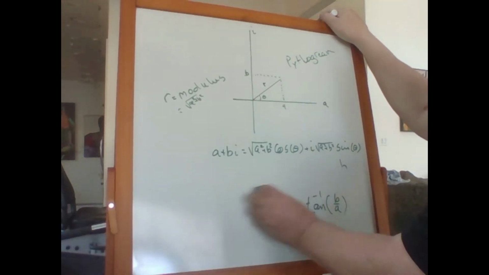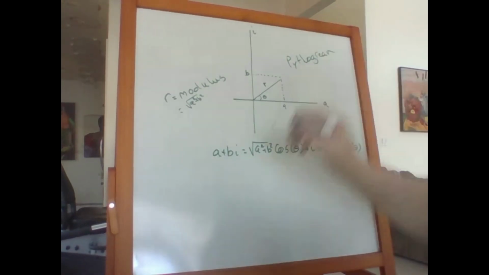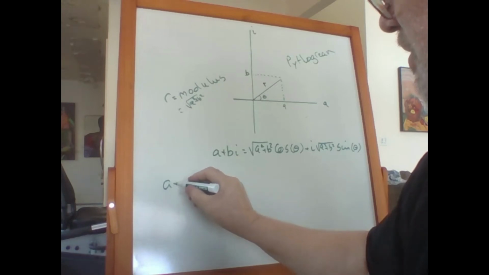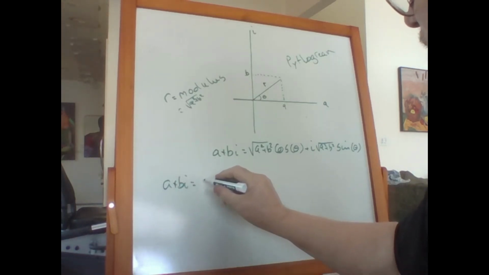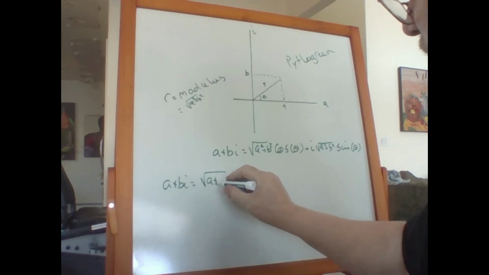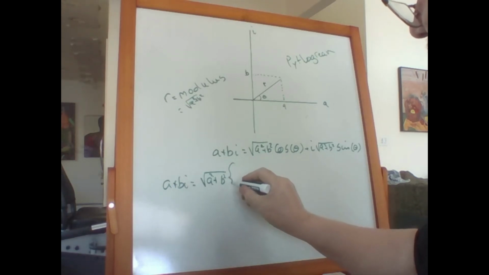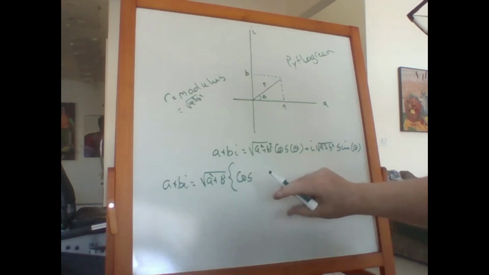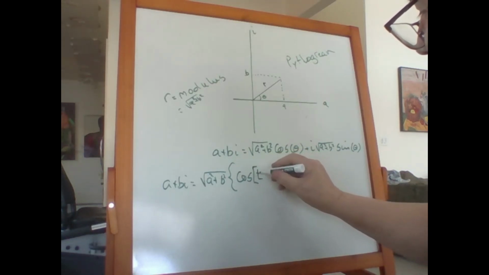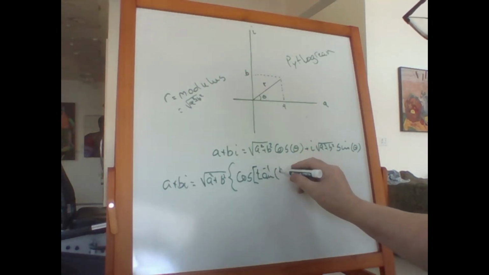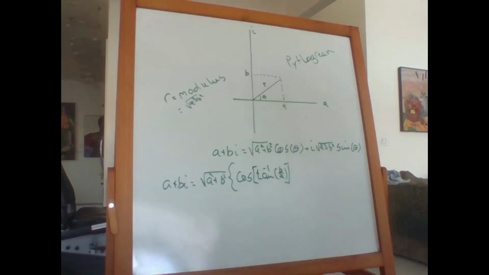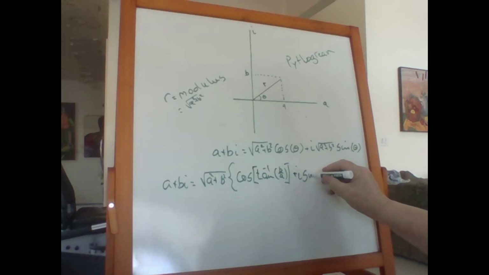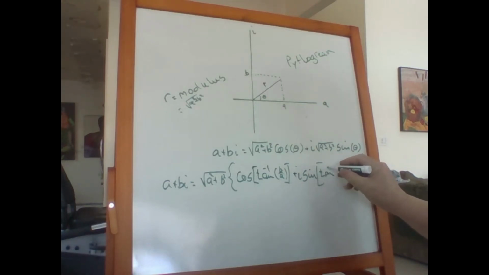So we can compress this whole thing into one formula. A plus BI equals, well, we can factor out the modulus, the square root of A squared plus B squared, times, let's make this a square bracket, cosine of the arctangent of B on A, remember that's theta, plus I sine of the arctan of B on A, and there we have it.